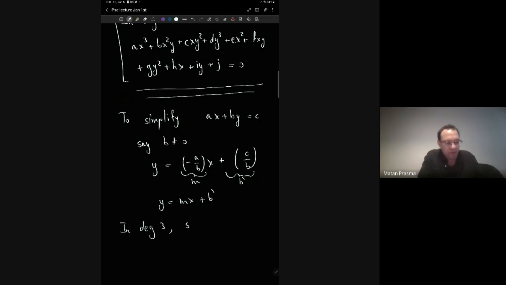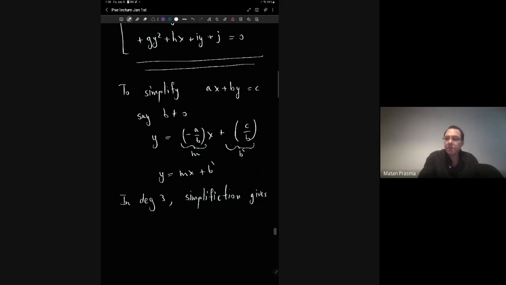In degree 3, the first simplification gives you an equation of the form y squared plus a1 xy plus a3 y equals x cubed plus a2 x squared plus a4 x plus a6.